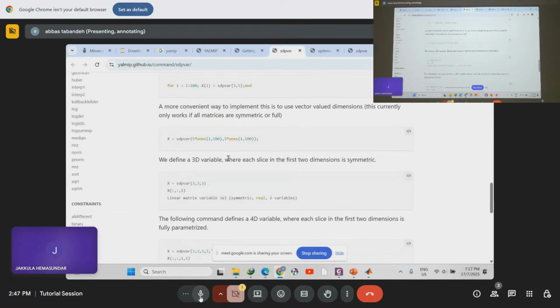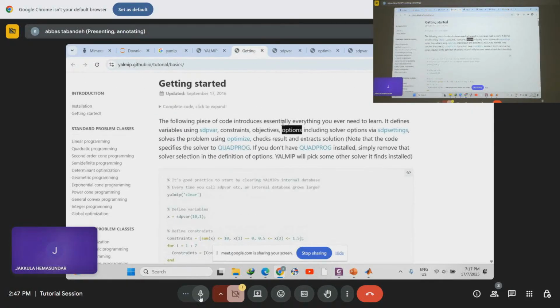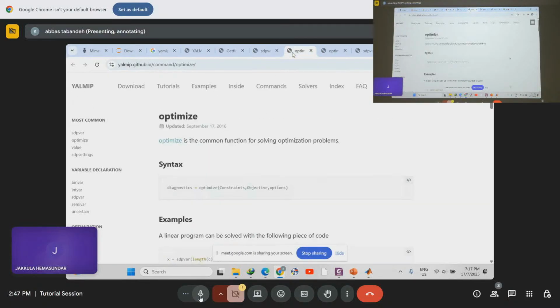So the next step, after defining constraints and objective, which I will show you how we define for our microgrid example, is that you need to optimize it. If you click on optimize, you need to use this syntax, optimize.